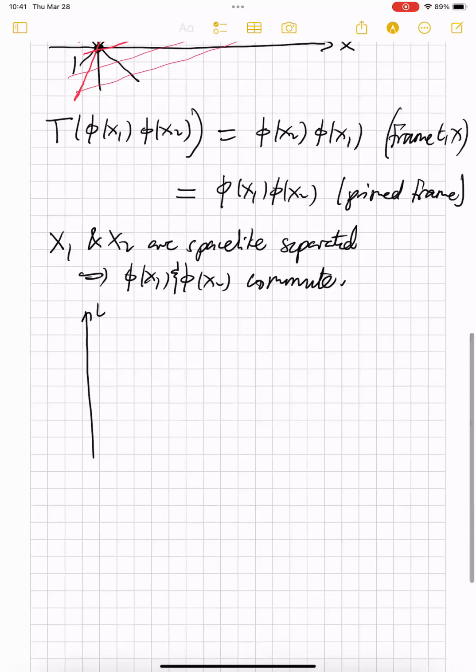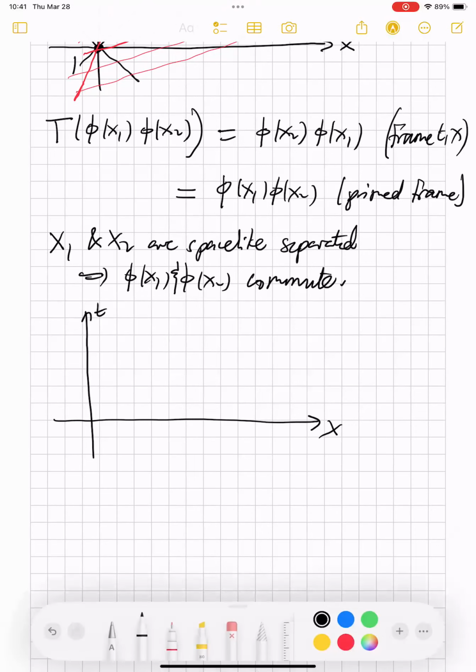So here is t, there is x. To get two operators that are time-like separated, so there's operator 1, here's the light cone, and to get something that's time-like separated, I should put operator 2 inside the light cone.